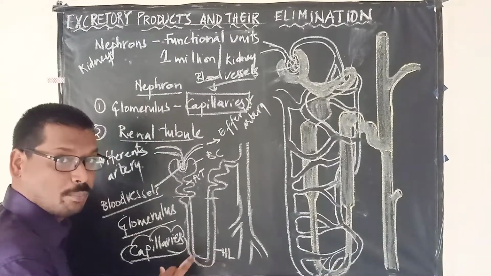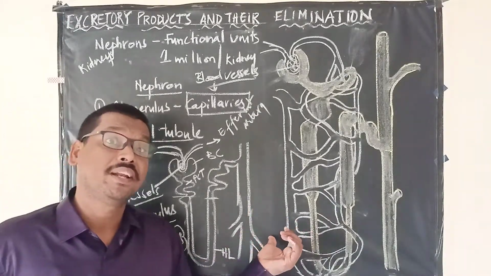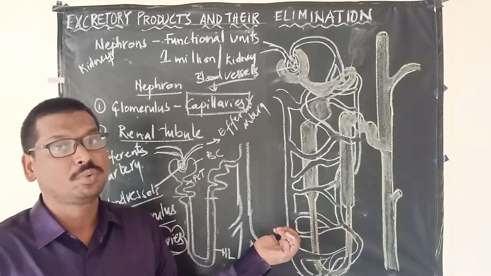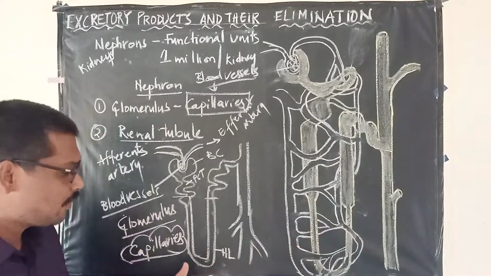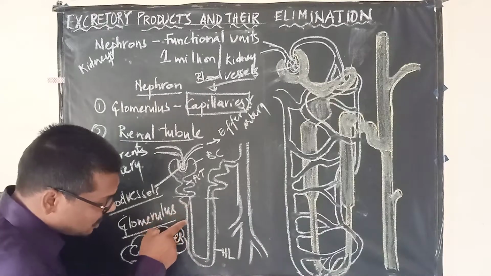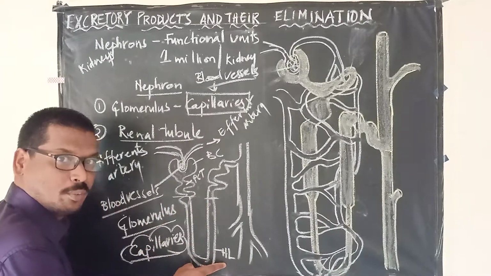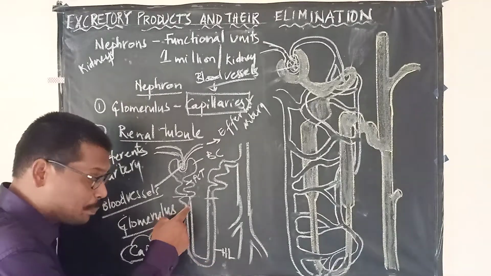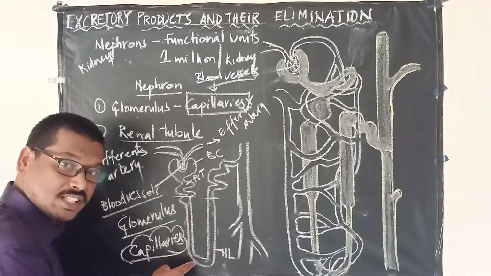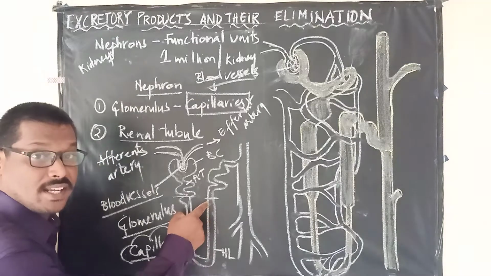This diagram is very clearly given in your NCERT textbooks. You can go through that diagram very clearly. But otherwise, just look here. This U-shaped tube is what we call the Henle's loop, and it has two parts: the limb which is descending down and the limb which is ascending up.